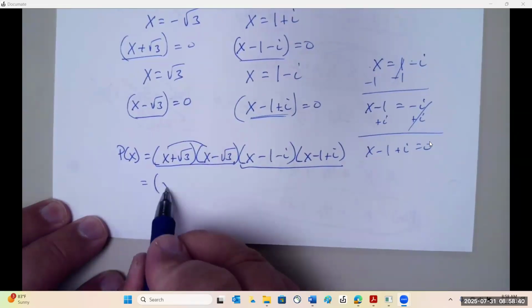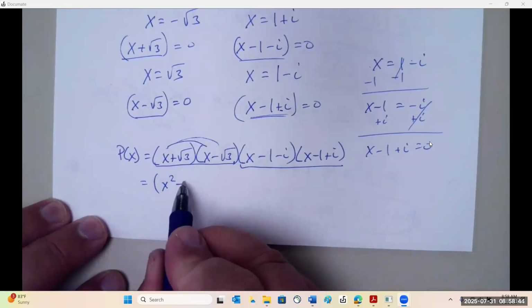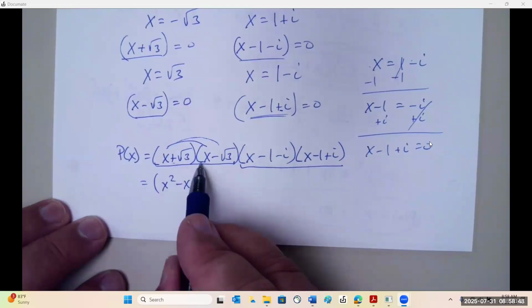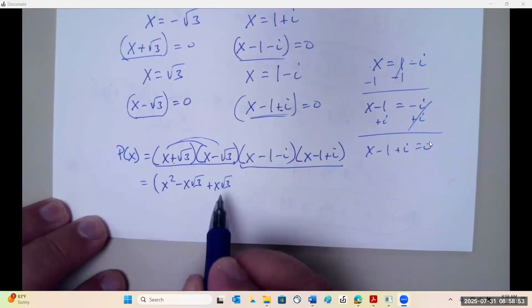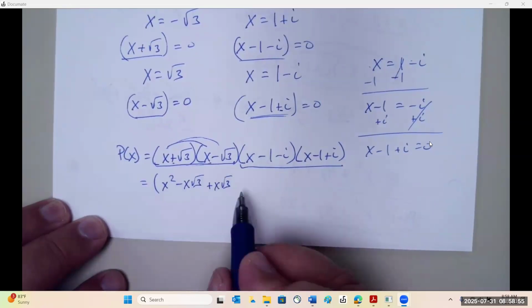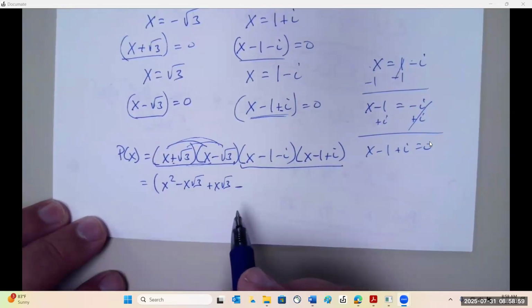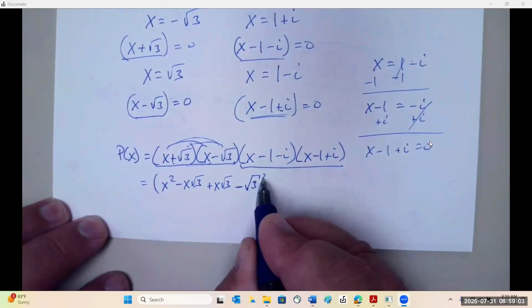X times x is x squared. X times negative radical 3 is negative x radical 3. Positive x radical 3. Positive times negative is negative. What's radical 3 times radical 3? Well, it's going to be radical 3 squared, which is going to be 3.